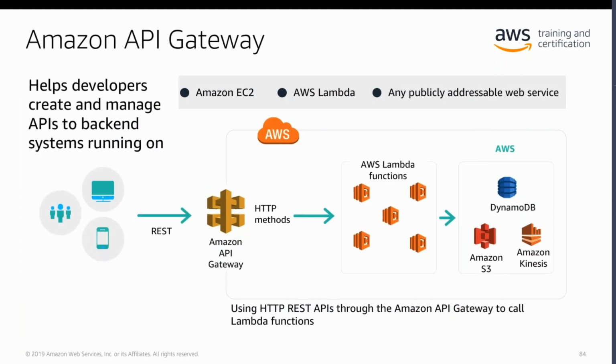API Gateway can act as a front end to manage back-end systems that are running on AWS, and there's really good integration between API Gateway and things like Lambda functions. So using REST-like API calls, you can make calls through API Gateway that can launch Lambda functions, for example, and interact with services on the back end.